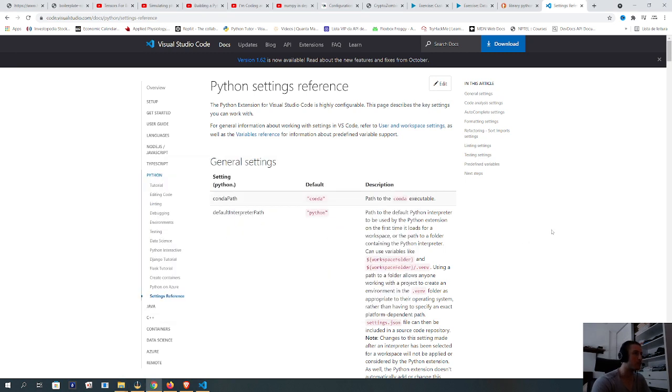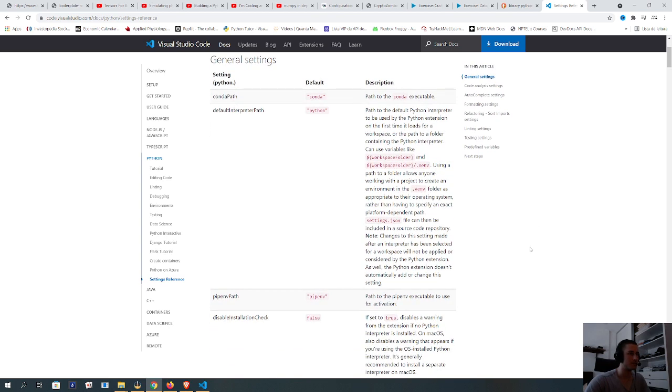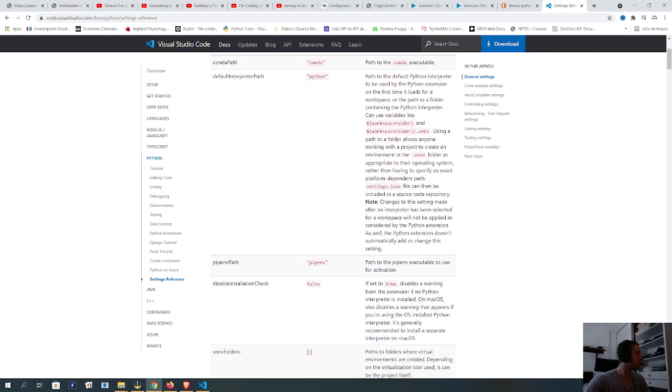So it says it's here. Python can use a custom version of Python by modifying the setting to include the full path.